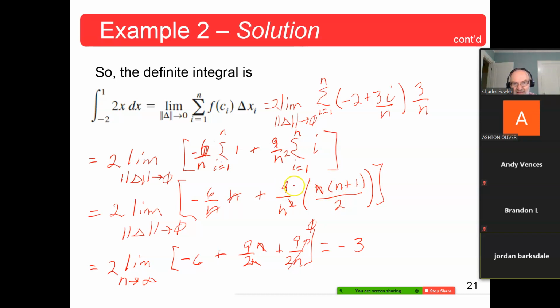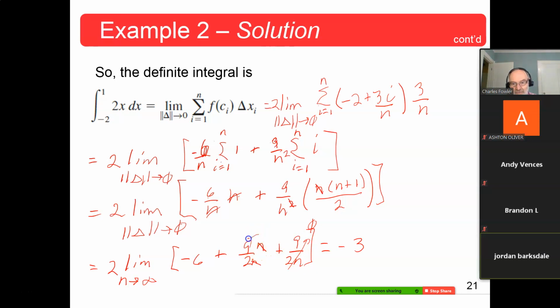Well, this 9n, I had already taken out one of the n's here, that one right there, and one of the n's down here. So that just left me 9n over 2 over n. So that's 9 over 2, and the n's went out. And then the second part was 9 times 1 over 2, and that's over n. So that'd be 9 over 2n.